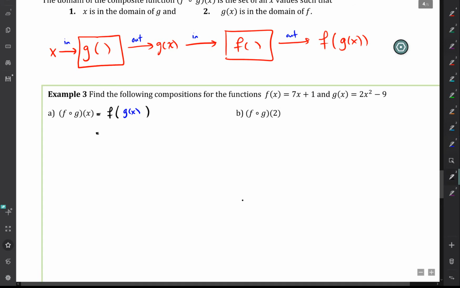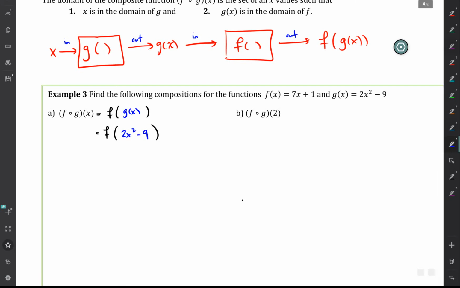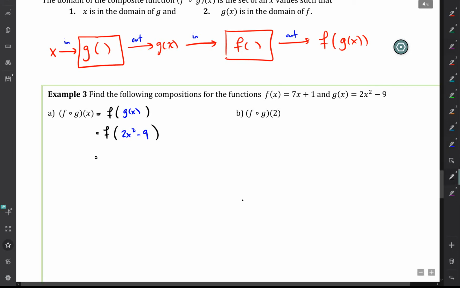So let me write f of, and now g of x is 2x squared minus 9. I'm replacing g of x with its name, 2x squared minus 9, and now we're going to stick that into f of x. Well, f of x was 7x plus 1, so wherever there was an x in f, we're now going to stick in 2x squared minus 9.